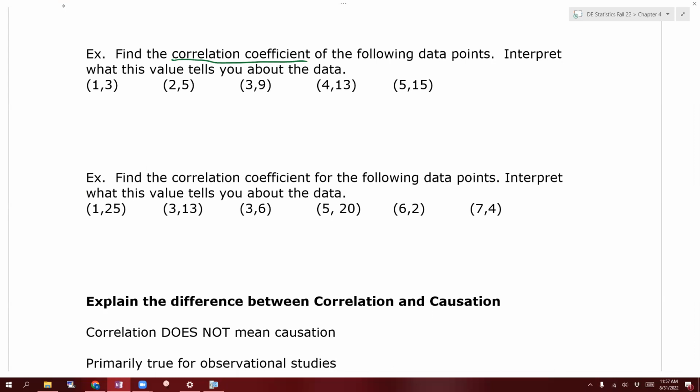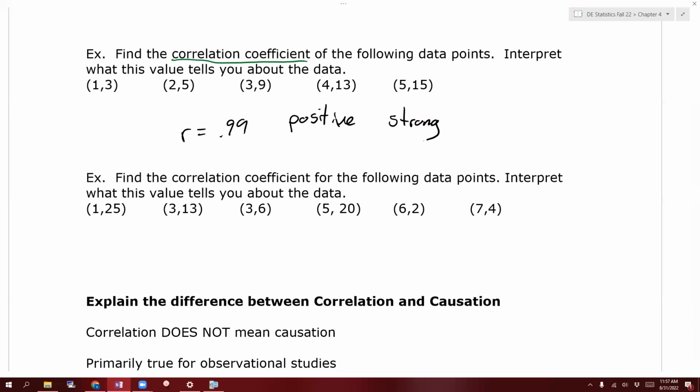So first one, after you put everything in, you should get an R value of 0.99. That's a positive association, and no matter what you're dealing with, an R value of 0.99 is a strong relationship. So that data is very close to being in a straight line.